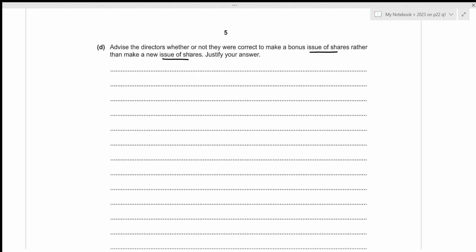But if we're talking about new issue of shares, it will be more costly because we need to inform about this issue to potential shareholders as well. And it will be costly in order to source such new shareholders. Let's write it down.